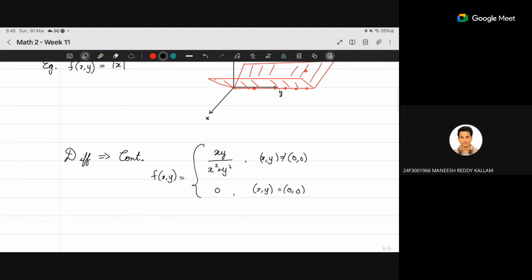And as an exercise, you can actually look at the graph and try to see why the tangent plane does not exist. Visualize f and check that the tangent plane does not exist at the origin.